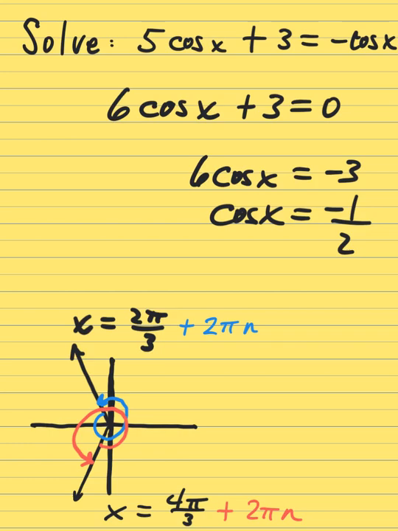And that's why I was telling you earlier in the video to keep in the back of your mind that tangent has a period of pi, but sine and cosine have a period of 2π. You have to go full rotations with those.